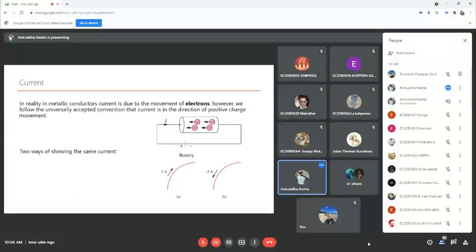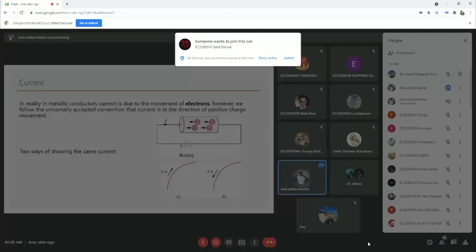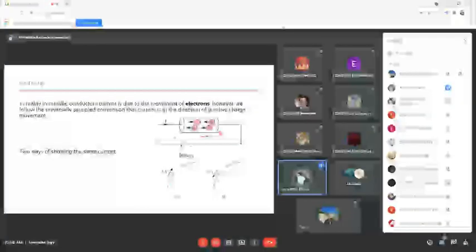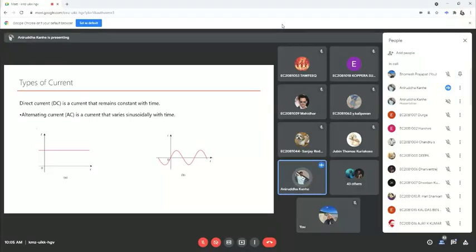Okay. So when the electrons are flowing from, let us say, this is left and that's right, from right to left, then obviously your current is flowing from left to right. So that is the very fundamental and basic thing which we have seen in the previous lecture. I hope everyone is able to recall that.